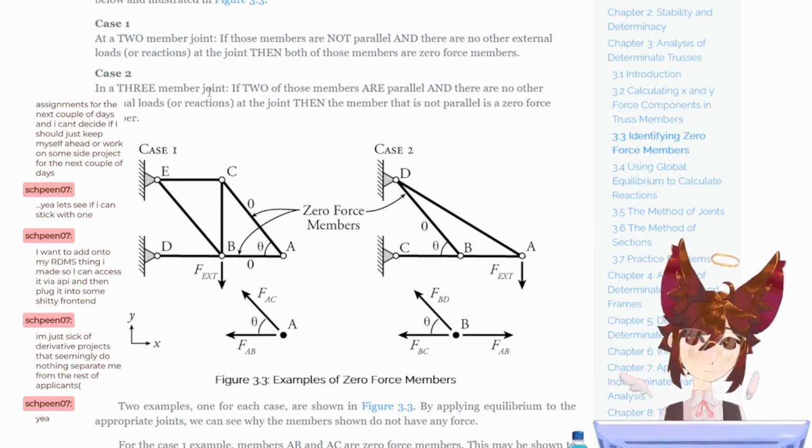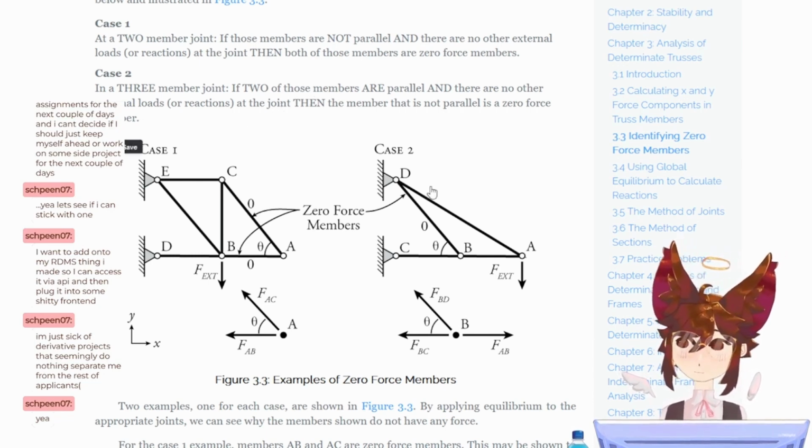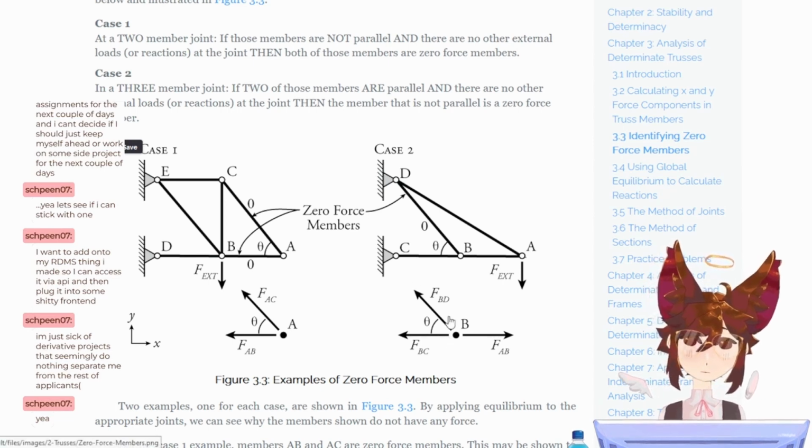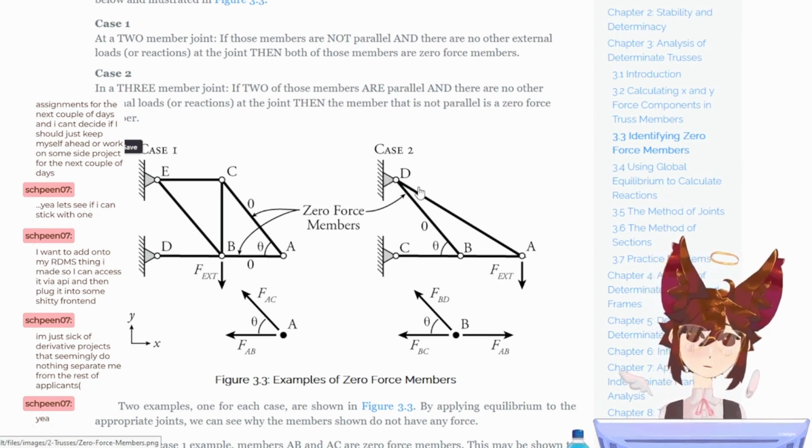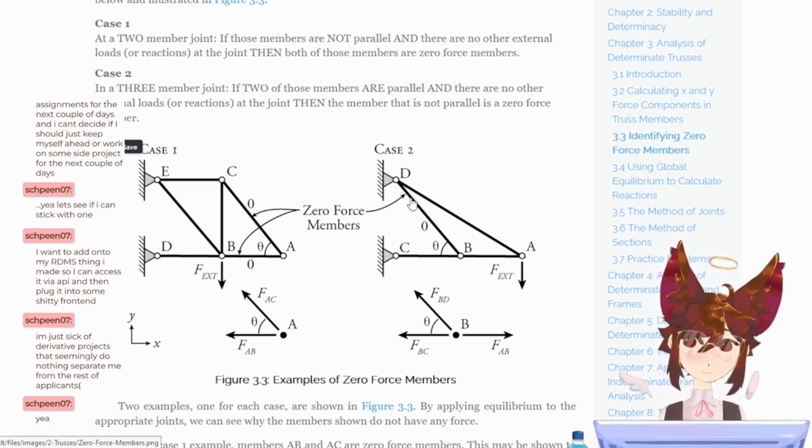Oh, in a 3-member joint, if 2 of the members are parallel and there's no other external loads, then the member that is not parallel is a 0 force member. This one, so BD, I see. Why? Because there's no... Oh, the upward component is 0. I guess?